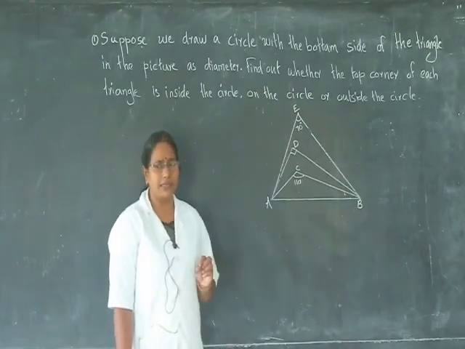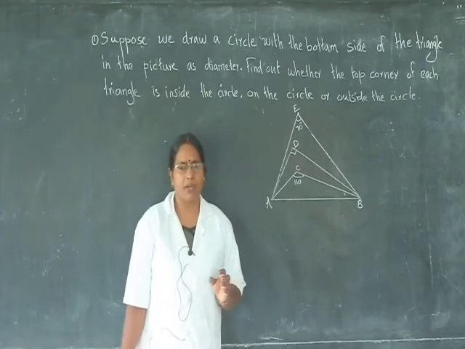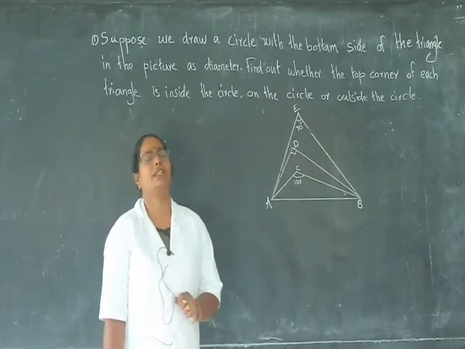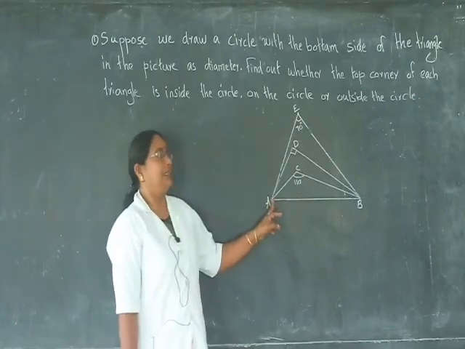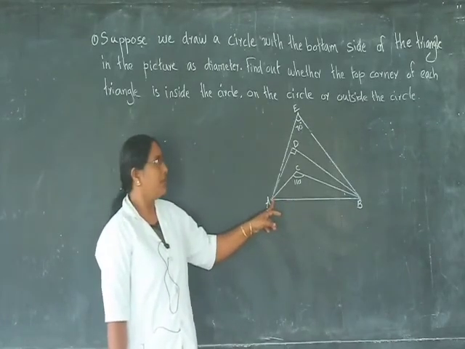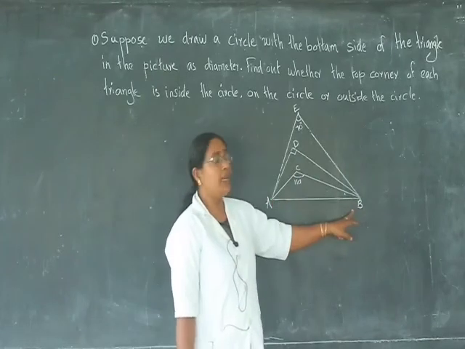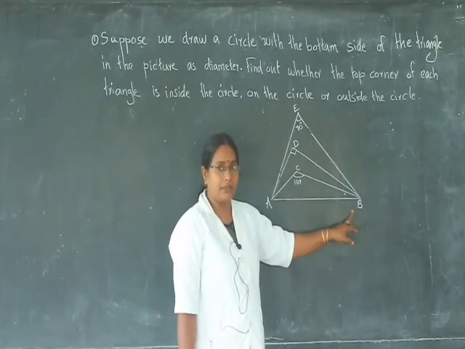Therefore, using those three important statements, the angle in a semicircle is 90. Here, draw a circle with AB as a diameter.